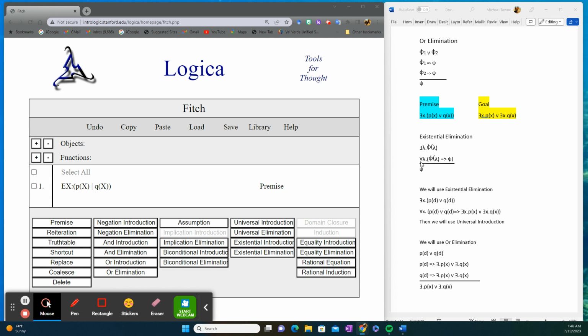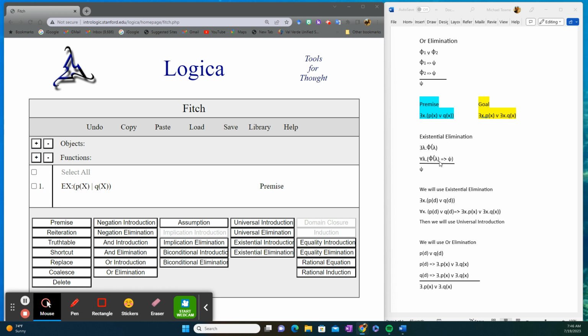The thing that I need is universally quantified phi implies psi, where phi implies psi will be P of X or Q of X implies my goal, which is existentially quantified P or existentially quantified Q. That's what my goal is to create, so that I can then use existential elimination to get to psi.